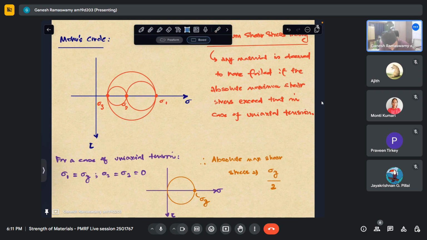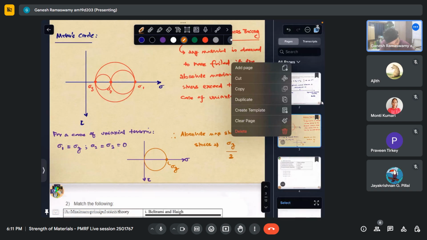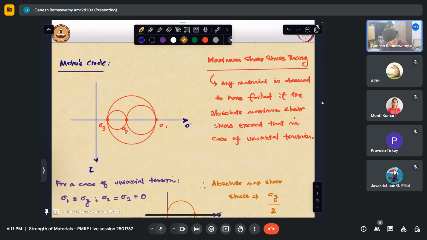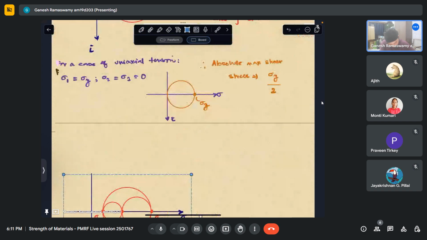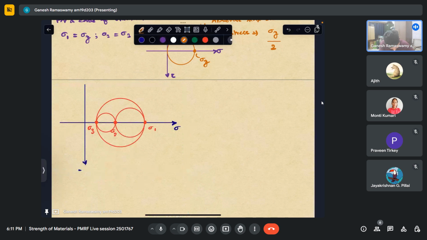So for this case, we can see here the absolute, or rather let me write the shear stresses first.